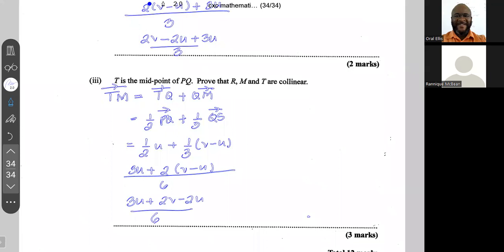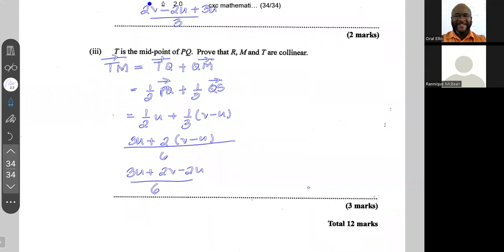So 3U minus 2U is U. So U plus 2V over 6. So TM is 1/6 of U plus 2V.